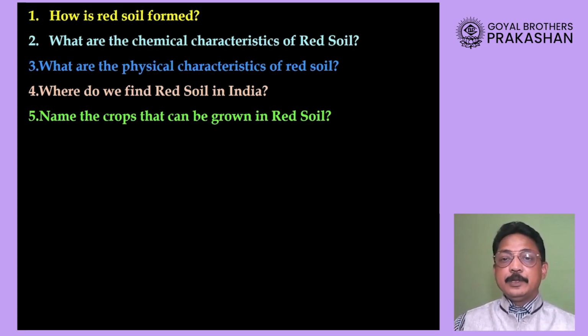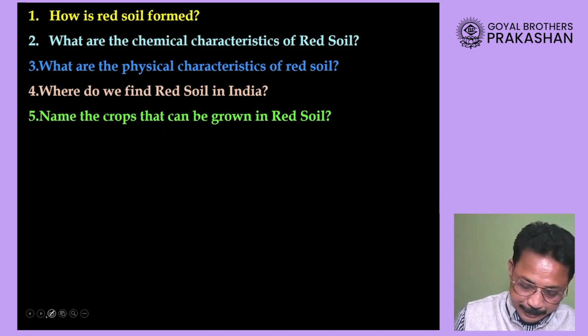And now name the crops that can be grown in red soil. The answer is maize, wheat, rice, millets. Millets means jowar, bajra, and nagli. Then you can also grow tea, cotton, sugarcane, cashew nut in this soil.